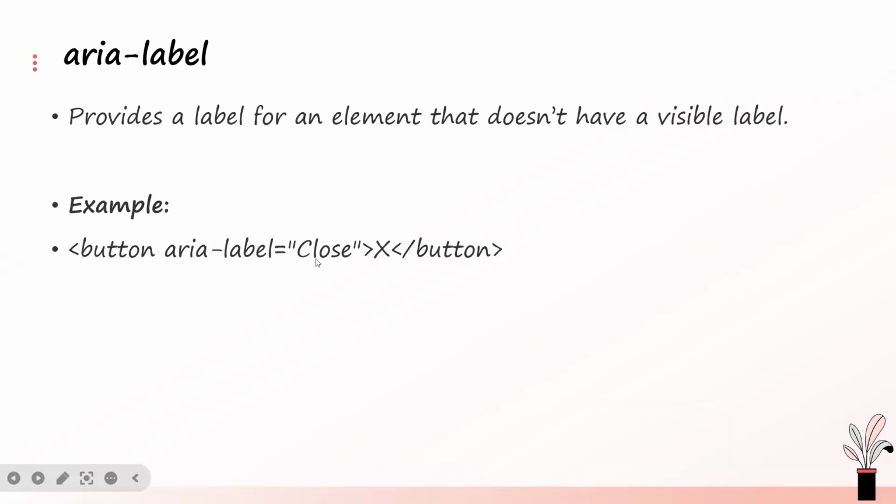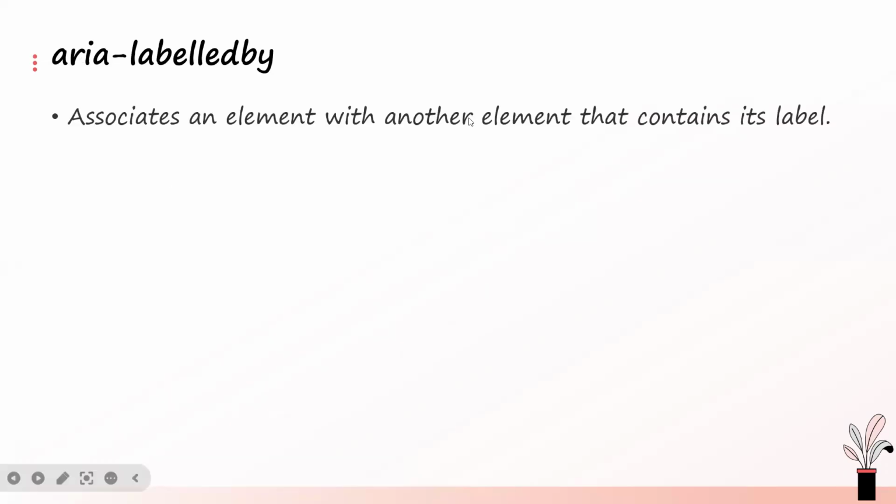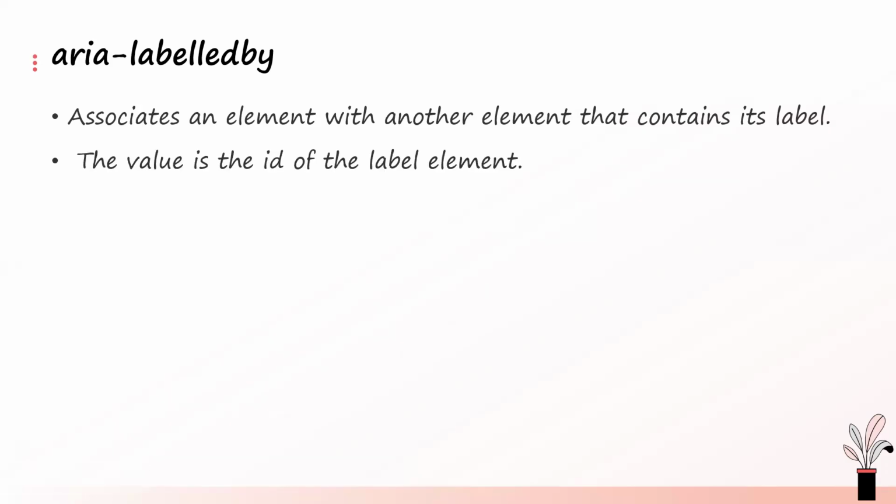Okay. So when an element like this doesn't have a label, we can actually give it an aria-label like this. So aria-labelledby associates an element with another element that contains its label. Now, I can have a button element, and I have its label on another element. So I can use this to associate them.